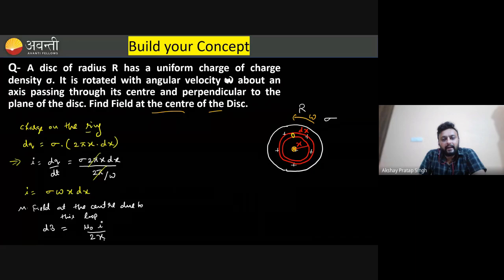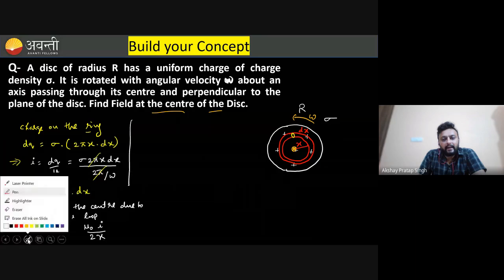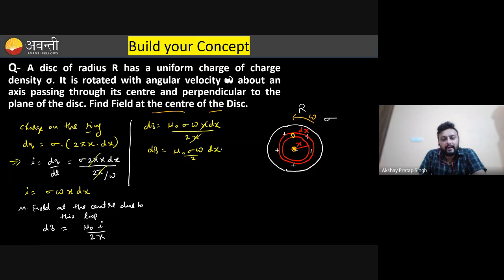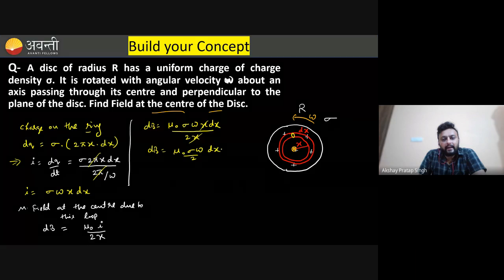So you can write dB is equal to mu naught I, you just put the value sigma omega x dx, divided by 2x. x and x can be cancelled again. So dB is what? Mu naught sigma omega by 2 dx. Clear? Now this is the magnetic field.